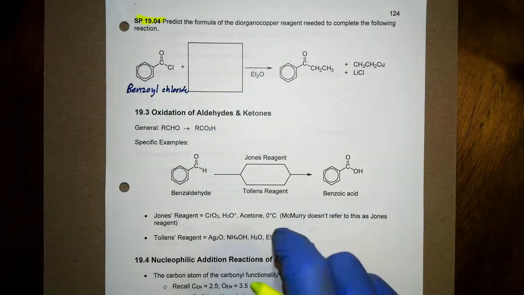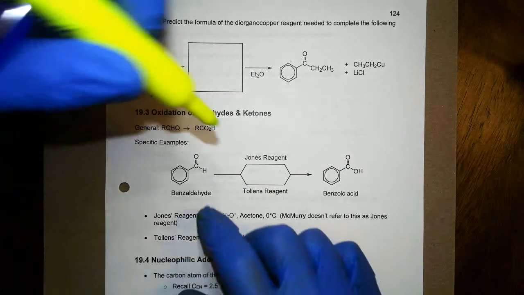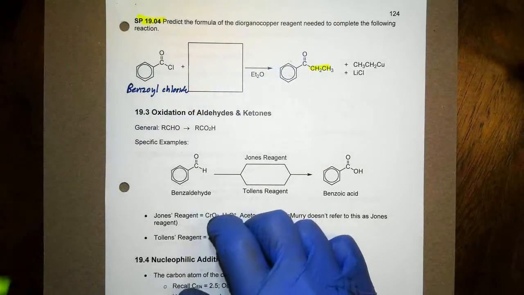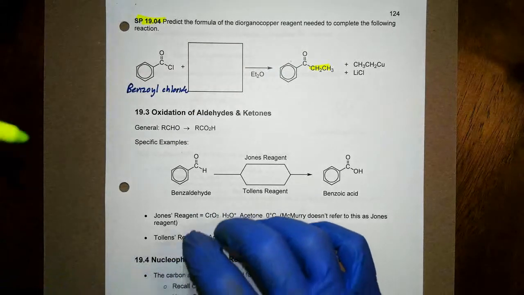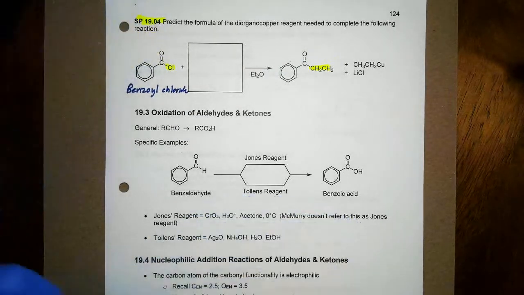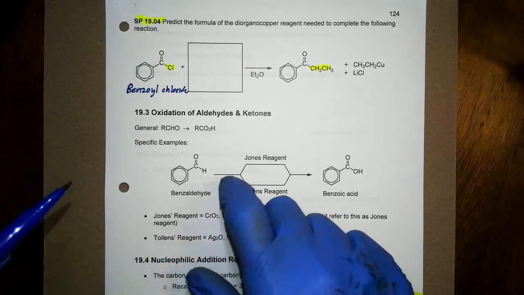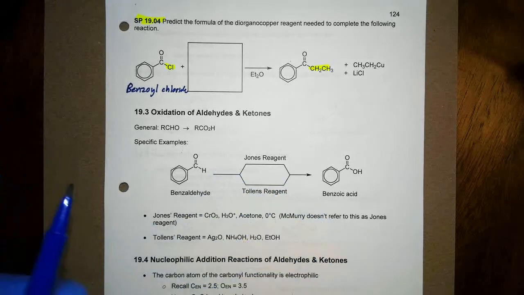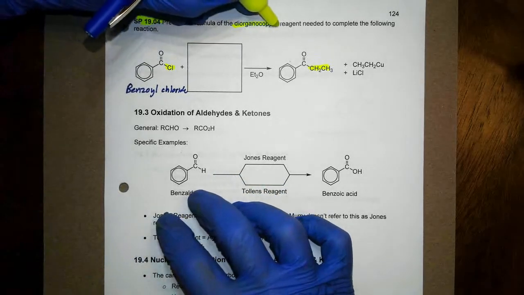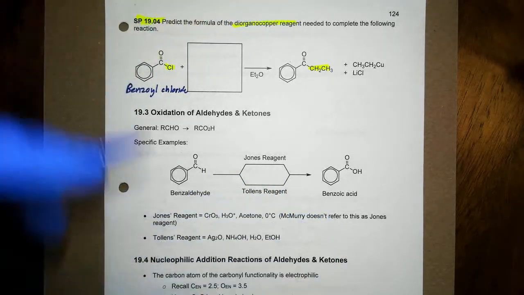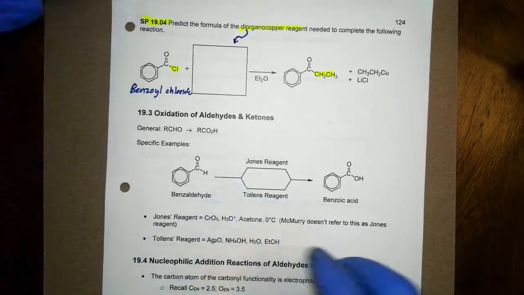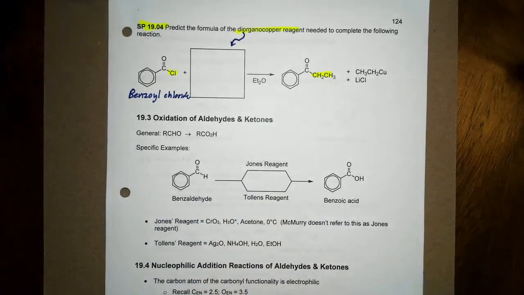So really, what do you need? You need a source of ethyl groups. Okay? You're going to replace that chlorine with an ethyl group. But we want to keep this balanced. So what's a good way to do it? A good way to do it is to use a diorganocopper reagent. Okay? That we come to know as the Gilman reagent, or I even said the word cuprate earlier.